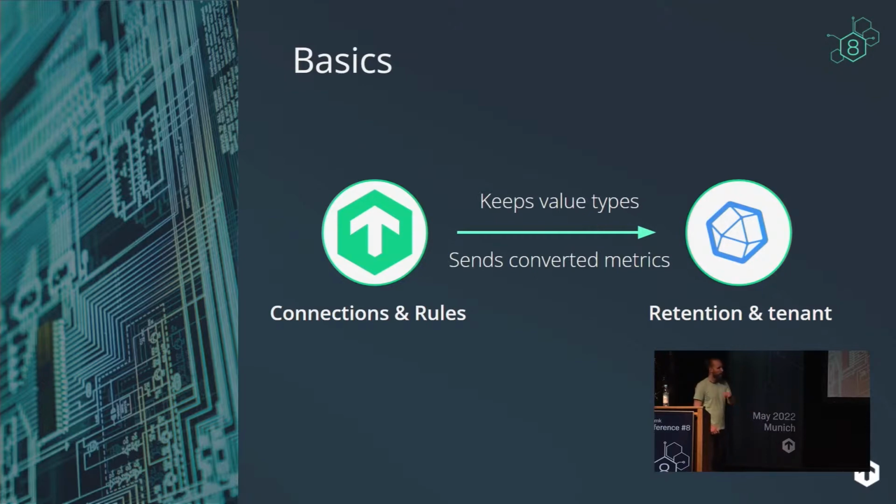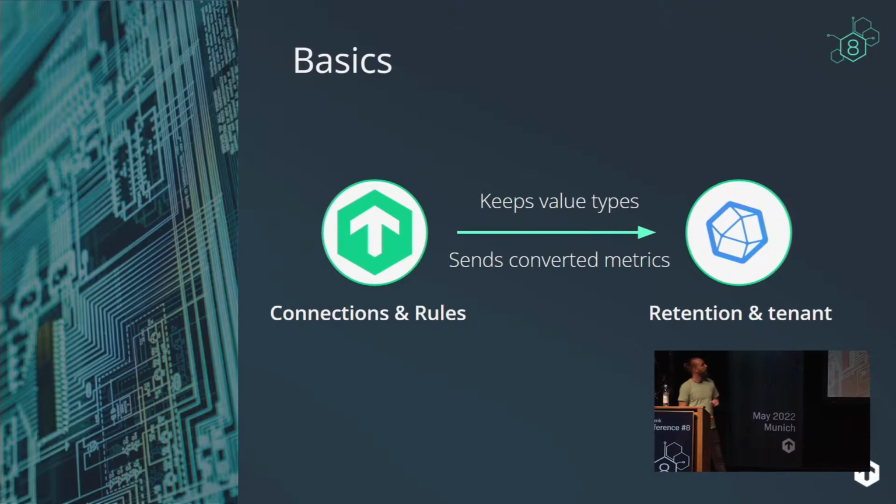I will come back to that right after this slide. We also ensured that we translate the terms and data structures between Checkmk and InfluxDB to keep the value types while sending the data to InfluxDB: keeping a Boolean value true or false and not a string, keeping an int as an int, obviously, and sending these converted metrics to InfluxDB.